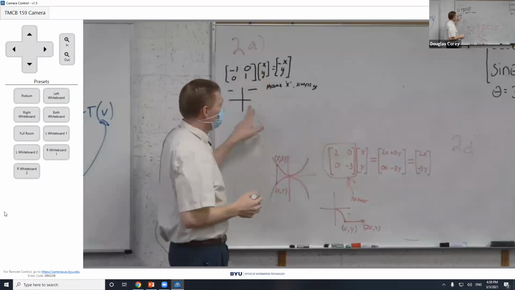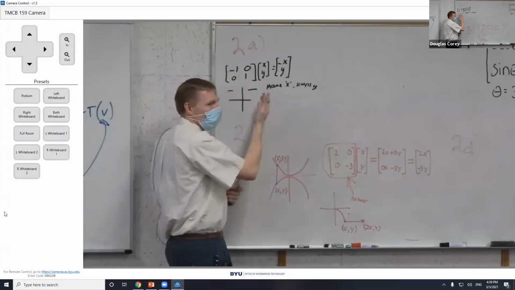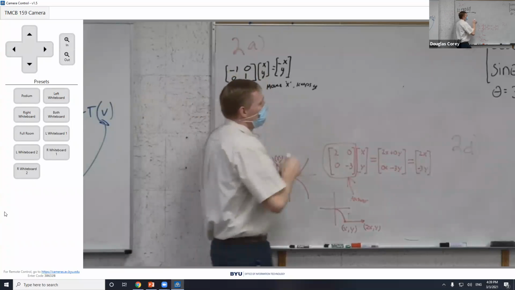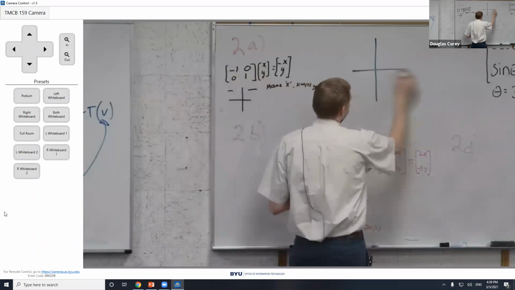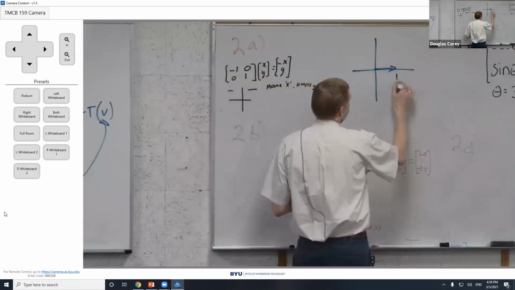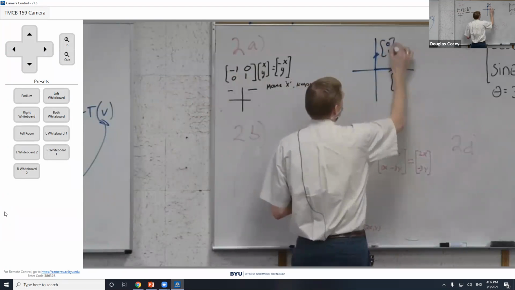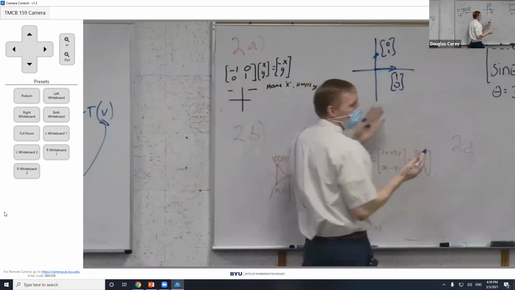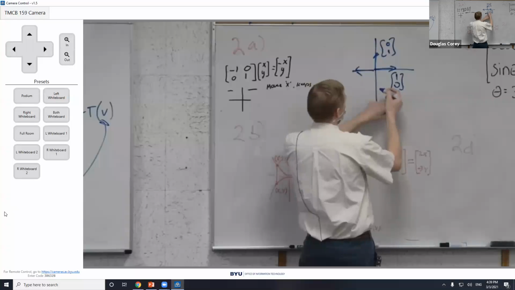Some of you were able to just think through it this way. This one isn't too bad. But you can go back to the theorem and think, okay, if I'm reflecting along the axis, I can think about where does 1, 0 go and where does 0, 1 go, and use our theorem. Where does this go? Well, that's going to go to -1, 0.